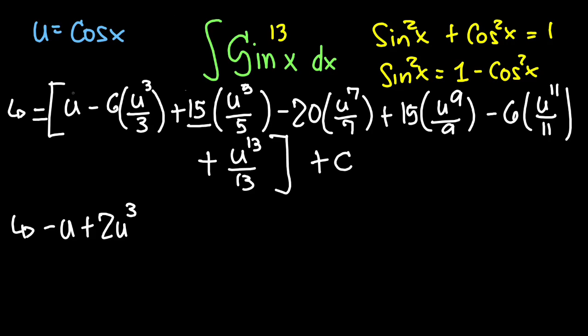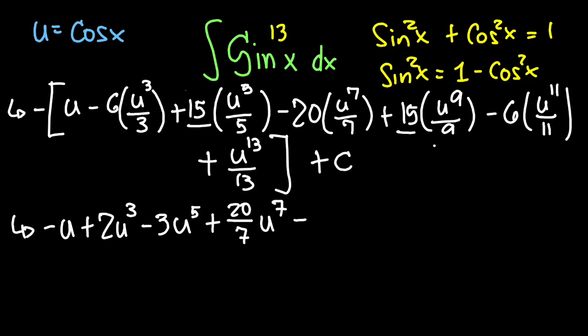But again, distributing the negative sign, it would be negative 3 u to the power of 5 plus, because it is negative and negative, 20 over 7. Just put it in fraction form when it can't be divided into a whole number, multiplied by u to the power of 7 minus 15 over 9.